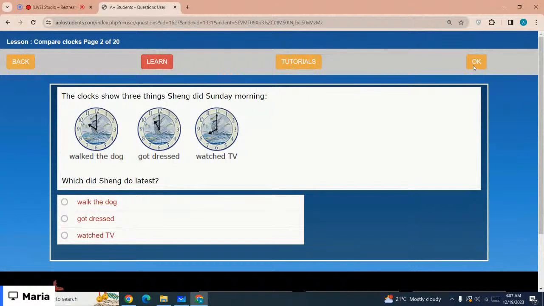Then got dressed at 11 and watched TV at 8. So which is the latest time? 8, 10, or 11? 11 is the latest time, right? And at 11 he got dressed. So the correct option is got dressed, right? Sheng got dressed the latest.